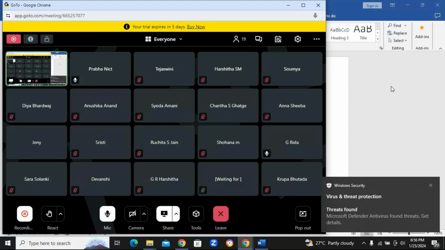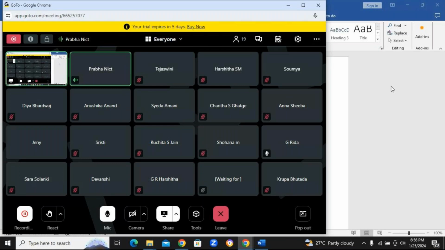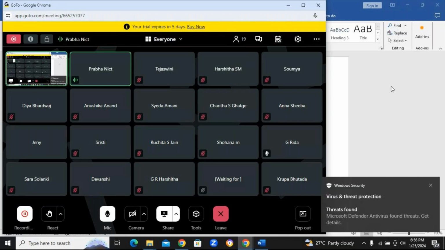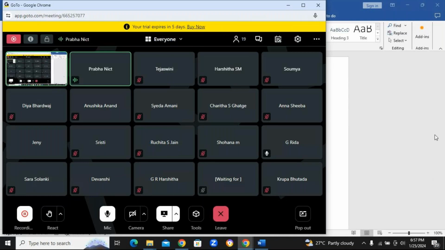Type in yes if you have downloaded both the files.